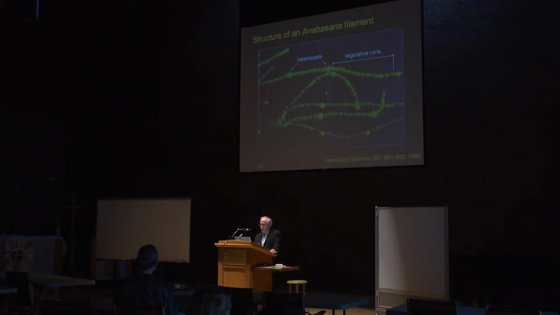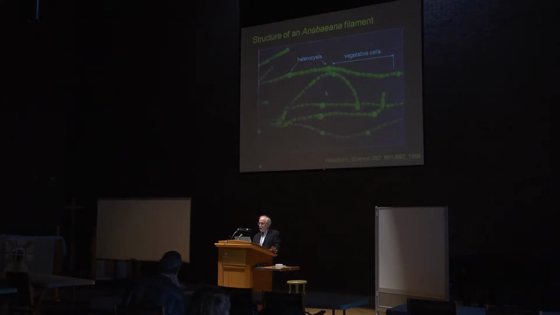And as you can see here in this microscopic image, cells of Anabaena create filaments which can comprise several types of cells, and the most important are heterocysts and vegetative cells.